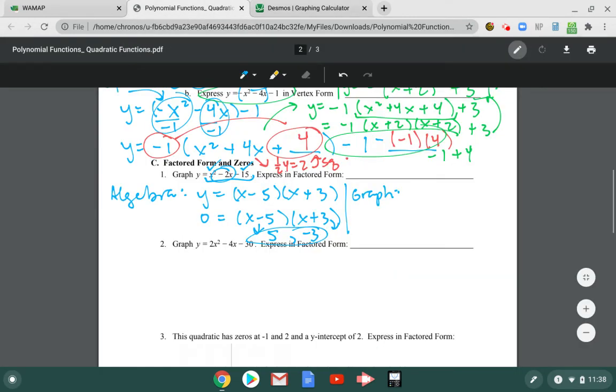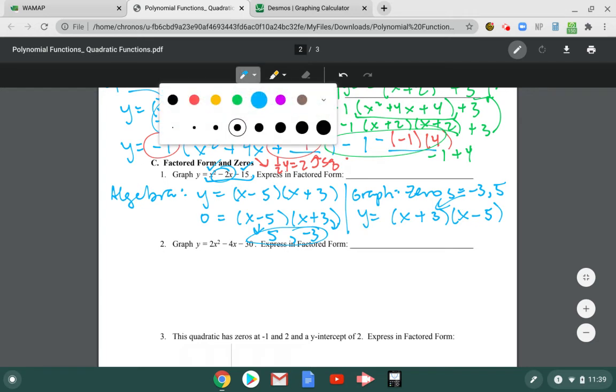If I know my zeros or my x-intercepts, my zeros are -3 and 5, I can write this in factored form. -3 would have come from a factor of x plus 3. -3 plus 3 is 0. 5 would have come from a factor x minus 5. Order doesn't matter here, but we've got our answer, y equals.